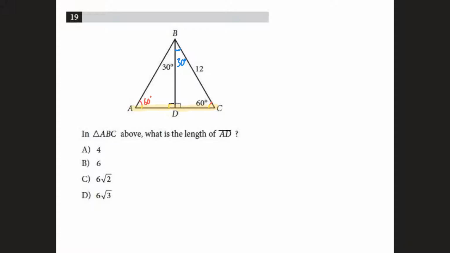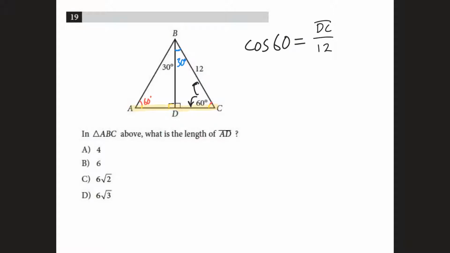Since this is the calculator section of the test, you could just plug in. We could say, okay, well, I know that cosine is going to relate adjacent and hypotenuse, so cosine of 60 will equal adjacent over hypotenuse, and adjacent is DC, hypotenuse is 12.